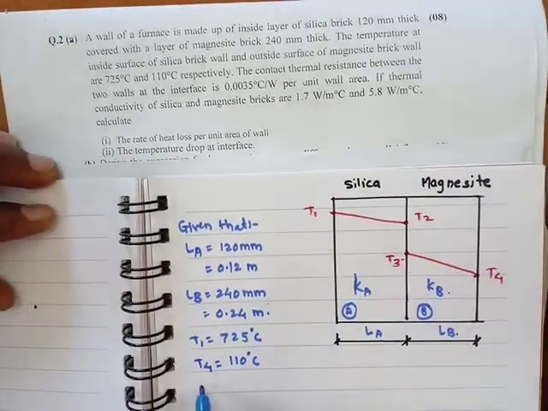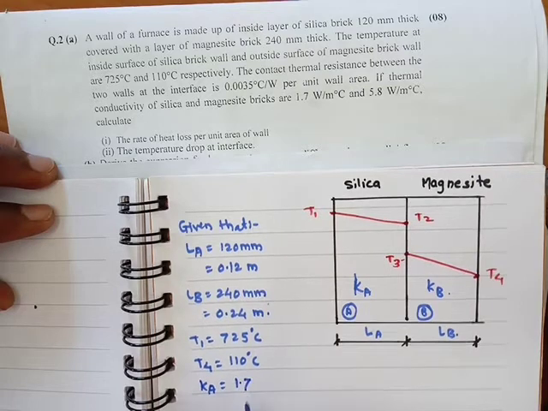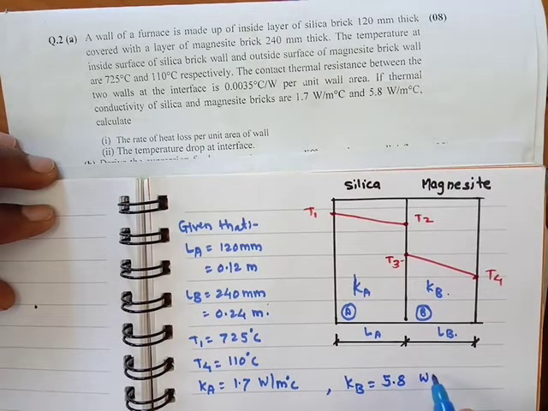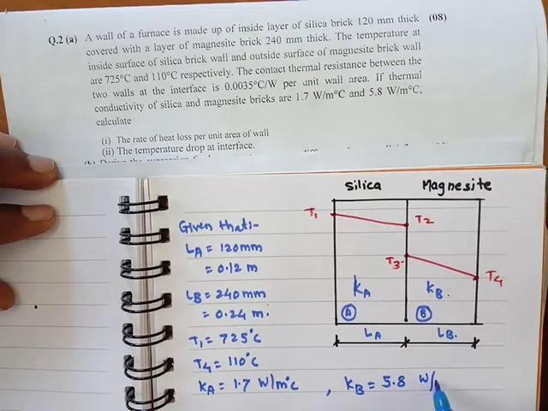So Ka is equal to 1.7 watt per meter degree Celsius and Kb is equal to 5.8 watt per meter degree Celsius.